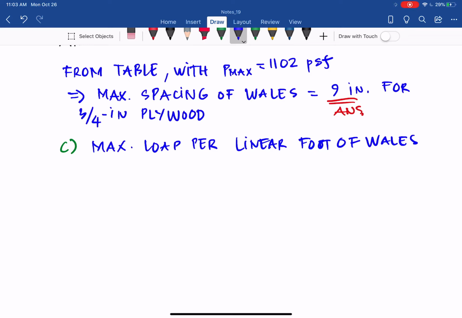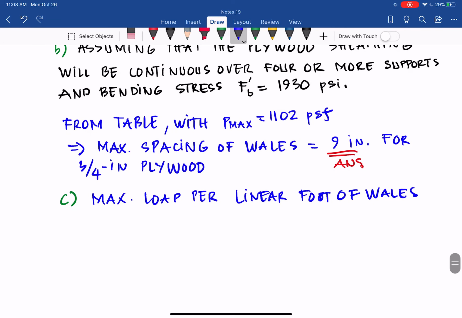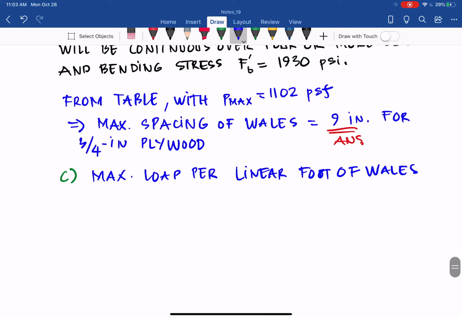So we have the spacing of 9 inch for the wells, and the concrete pressure equal to 1102 pound per square foot. So we can say the load per linear foot for the wells is equal to spacing times the concrete pressure. So you can see that one is equal to 9 inch, and we do the conversion over 12, so we get 827 pound per linear foot.